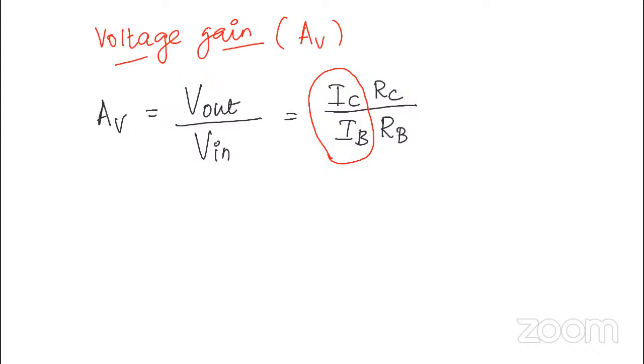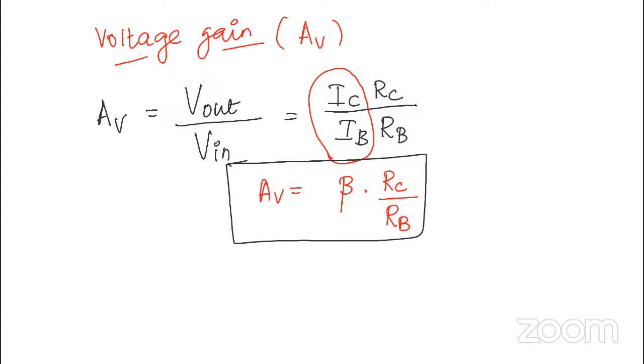Current gain. So beta which should be equal to, very good, it is the current gain. So RC divided by RB. Okay. So AV calculate பண்றதுக்கு நம்மளுக்கு ஃபார்முலா இதுதான். இதுவுமே ஒரு ஃபார்முலா. வோல்டேஜ் கெயின் கால்குலேட் பண்றதுக்கு பீட்டா இன்டு RC divide by RB. ஓகே. சோ இப்படியும் ஒரு ஃபார்முலா நமக்கு இருக்குது.